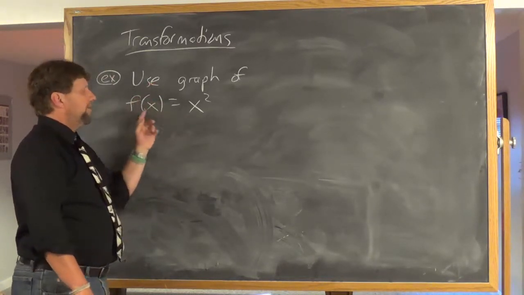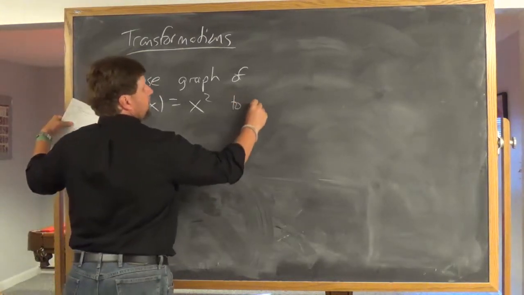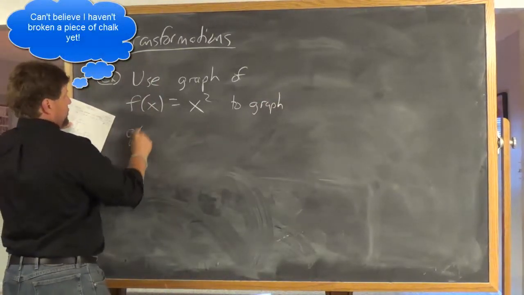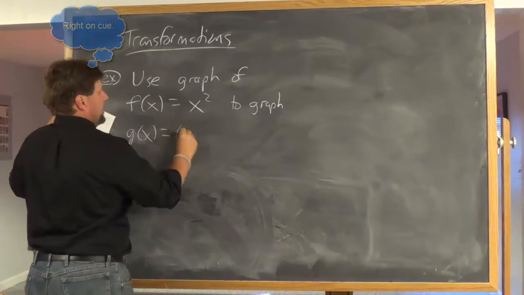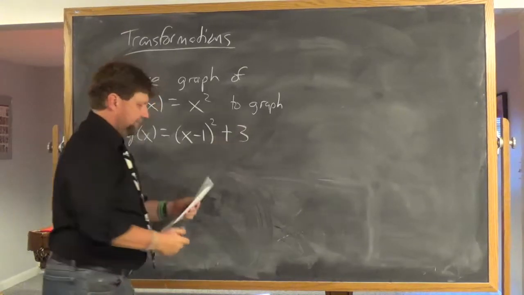So use the graph of f of x equals x squared to graph the function g of x equals (x minus 1) squared plus 3.